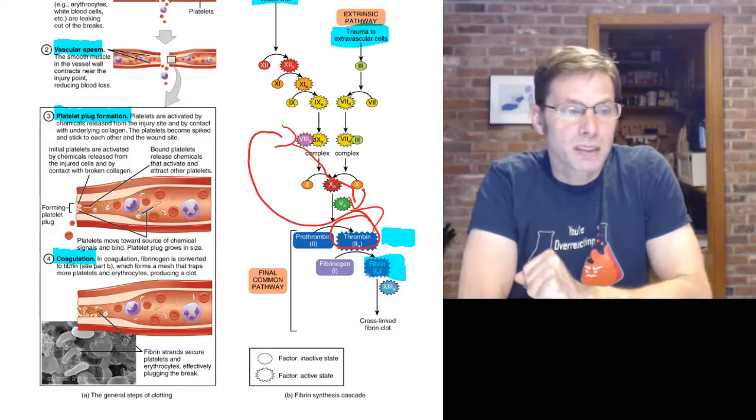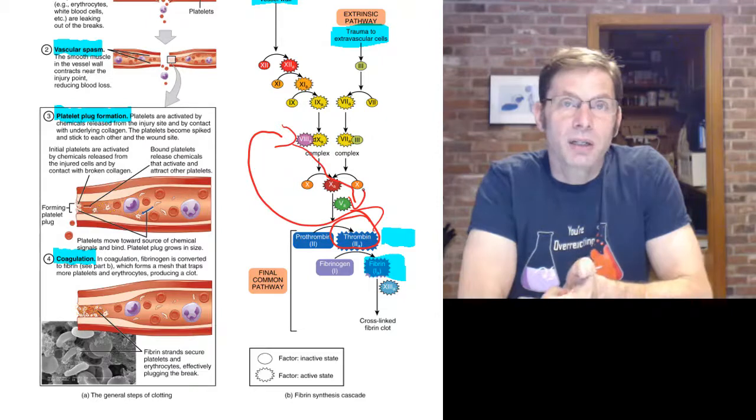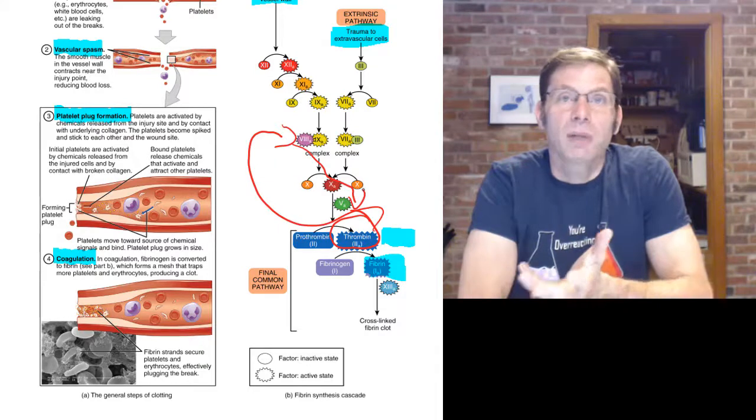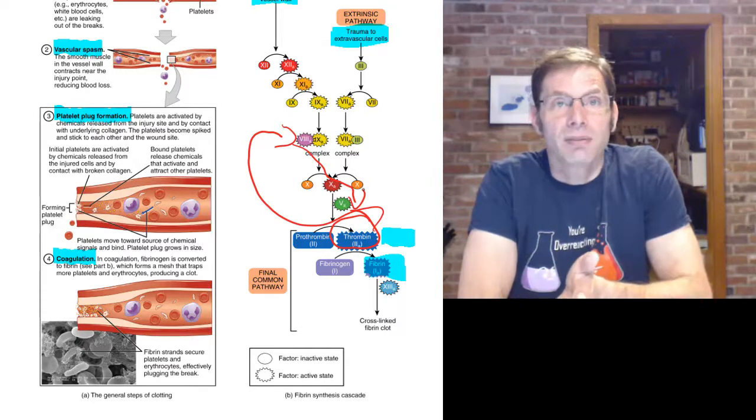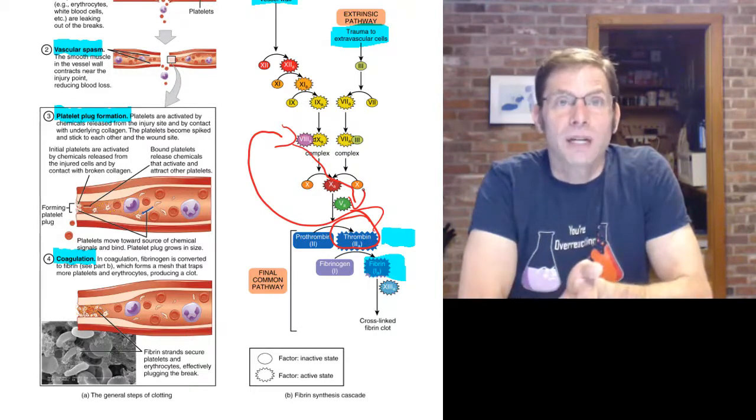What should we know about this process for our class? The phases: the injury, spasm, platelet plug formation, and coagulation phase. We should know that the coagulation phase is a positive feedback loop and promotes rapid formation of a fibrin mesh. That the coagulation process needs to be cut off by anti-clotting factors that are present in the blood always.